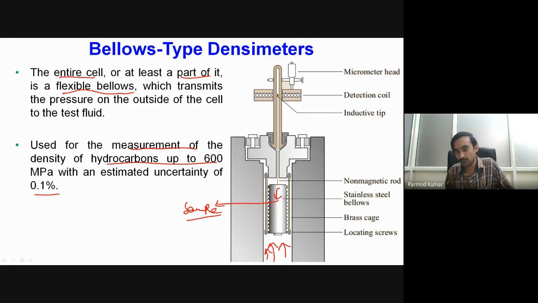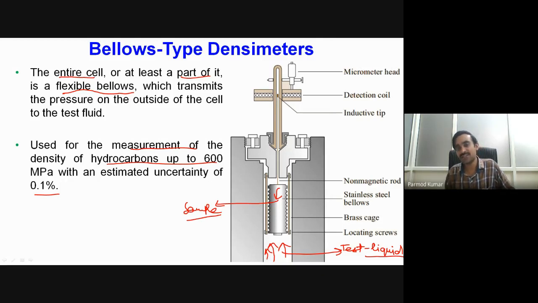Through this particular port, from outside we will be having another test liquid. This test liquid will have a prime mover, which will produce a certain pressure inside the test liquid.